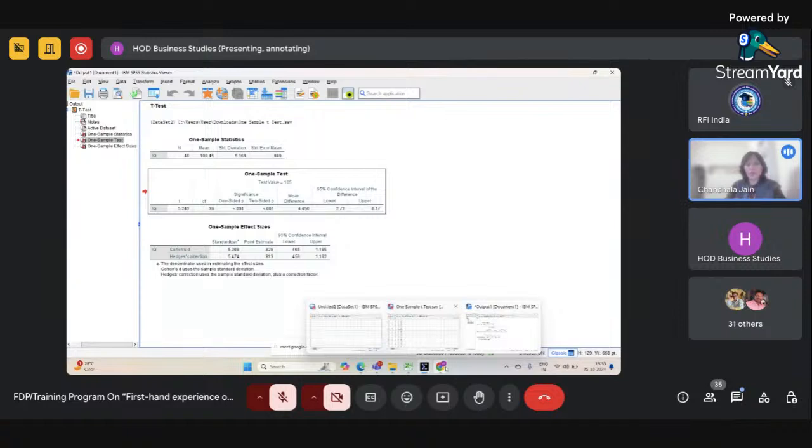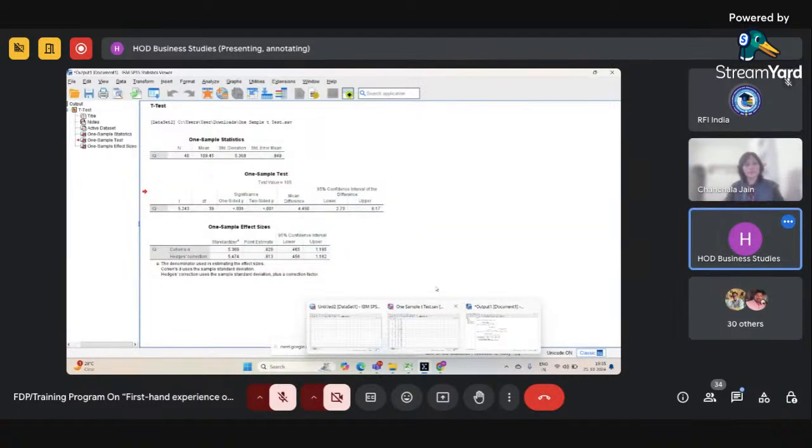But in your versions, you can find the results coming in both forms, one tail and two tail. So there, ma'am, you can see there is a significance section, and there you can find for the one-sided P, the P value is less than 0.001, and for the two-sided P also it is less than 0.001. I hope it is visible.